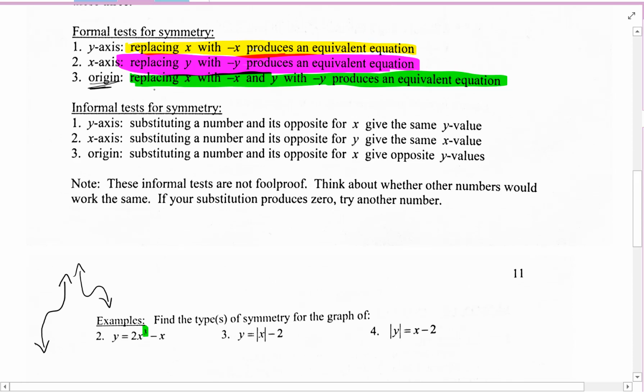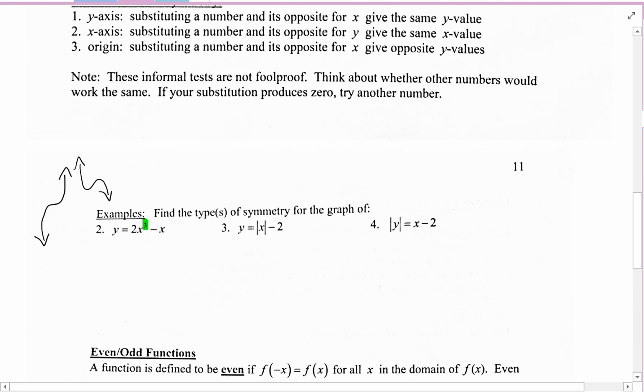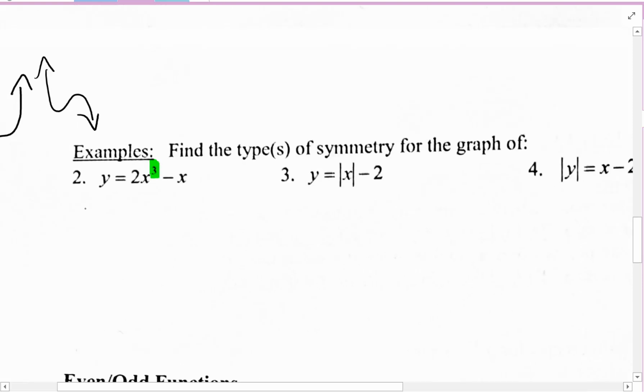Origin symmetry, we replace x with negative x and y with negative y, and if it's the same, then we're good to go. So y will be replaced by negative y, equals 2 times negative x cubed minus negative x. So you've basically changed the signs of both the inputs and the outputs.